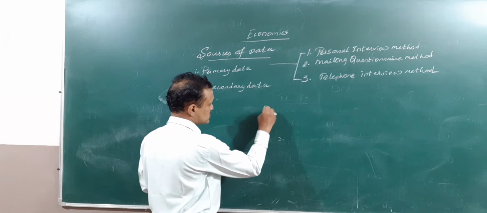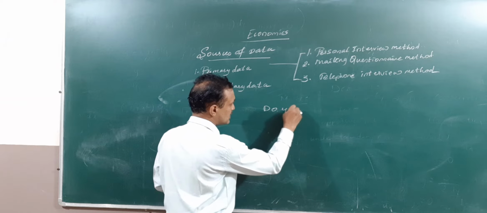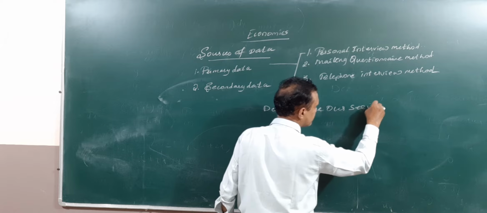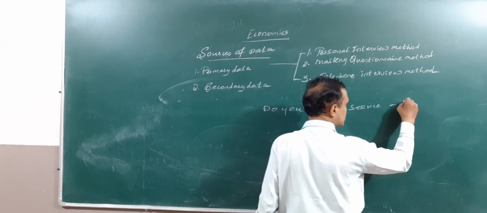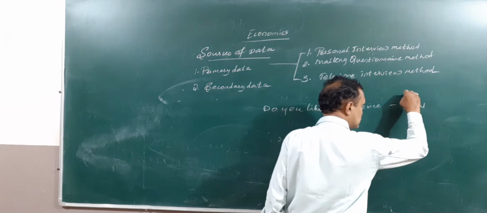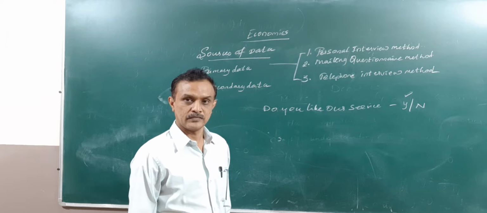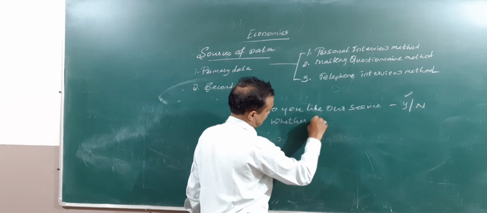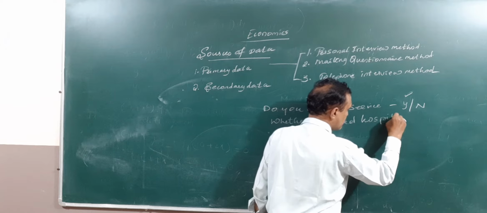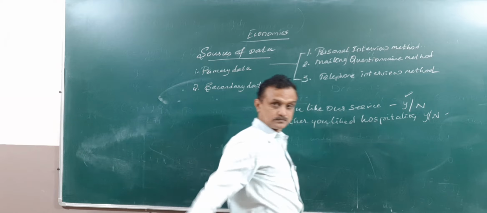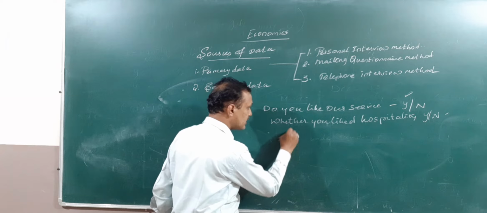For example, the question: do you like our services? In front there will be answer options, yes or no, with instructions to mark the answer. The second question: whether you like our hospitality, yes or no. What is your annual income?